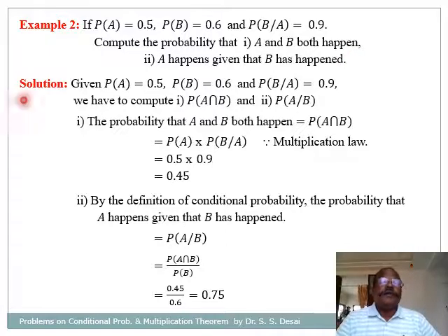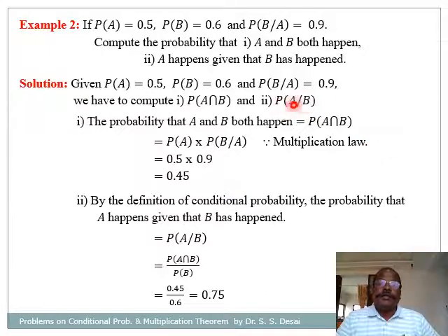So for the solution, they have given probability of A is 0.5, probability of B is 0.6, probability of B given A is equal to 0.9. We have to compute probability of A intersection B and probability of A given B. The probability of A intersection B is given by the multiplication law.